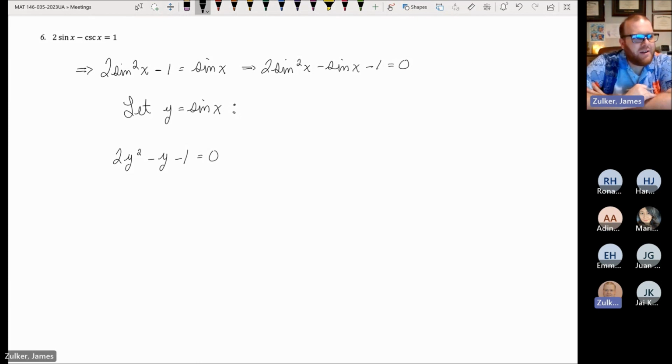Two y squared minus y minus 1 is equal to 0. It's quadratic.